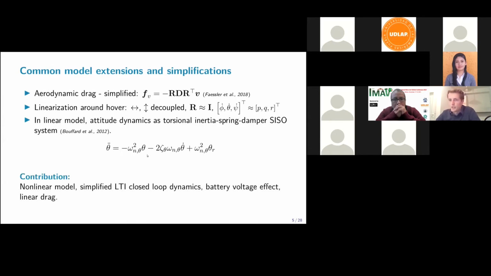Another contribution in our work is to transfer this idea of closed loop simplified attitude dynamics as a second order model to a nonlinear model, and so to represent them as simplified linear time invariant dynamics, and to add a simplified battery voltage effect, and also include this linear drag as mentioned above.